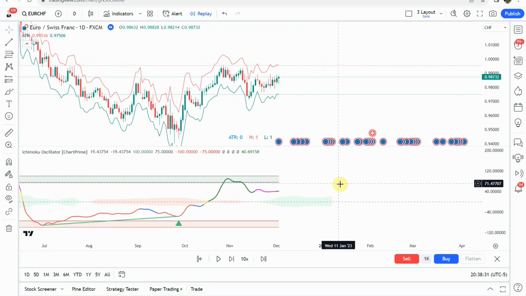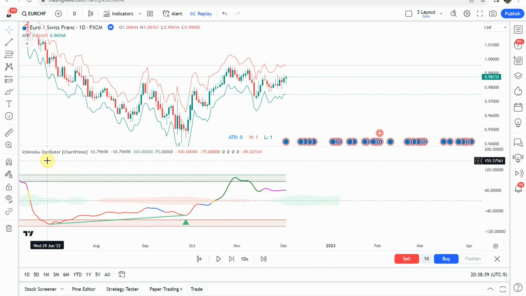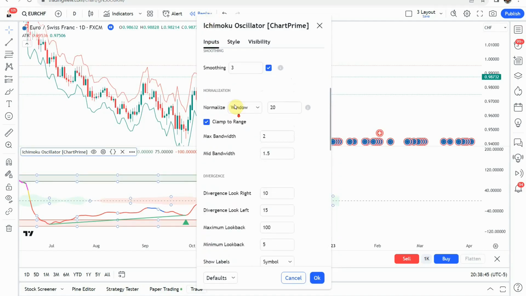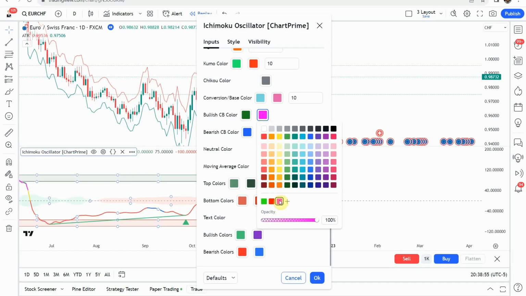What we are specifically paying attention to is this main line running right here through the indicator, the oscillating line. Now, we did make a slight modification to the visual side of this. Under the bullish CB color, we are going to change this one right here to purple.